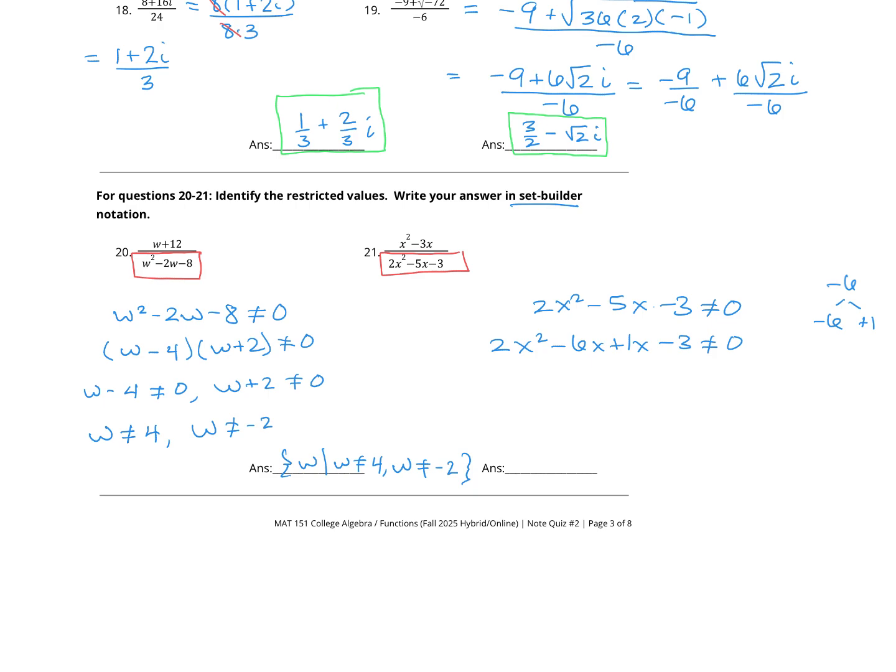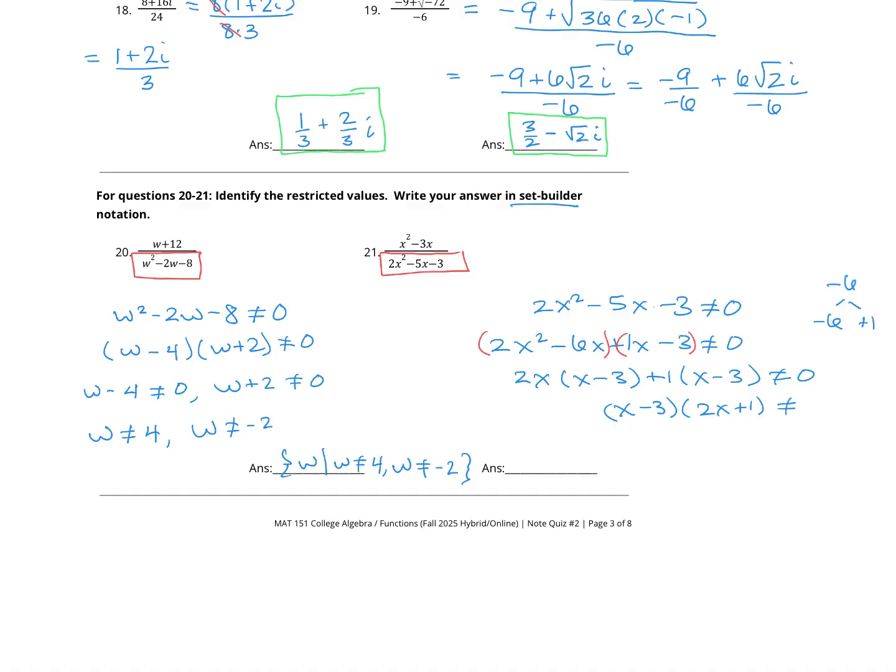Because we have 4 terms now, we're going to group the first 2 and the second 2. In the first, we can take out a 2x, leaves us with x minus 3. In the second, we can take out a 1, leaves us with x minus 3. And then we can take out the common x minus 3, and we're left with 2x plus 1.